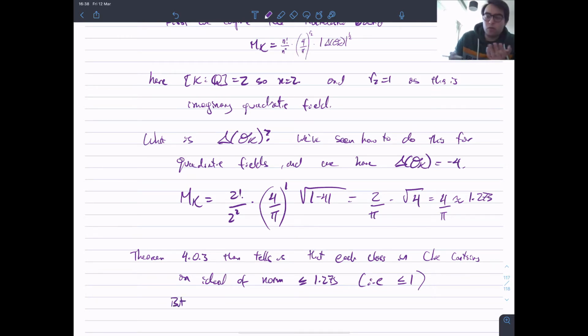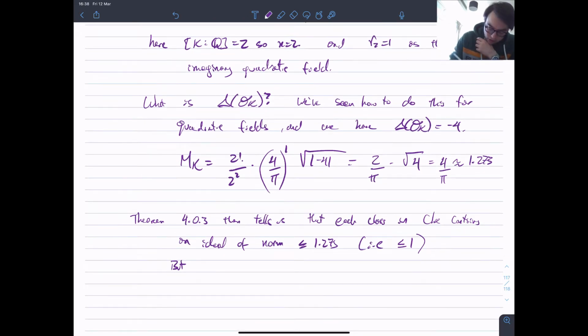But the only ideal of norm 1 is the trivial ideal, just the ideal generated by 1.